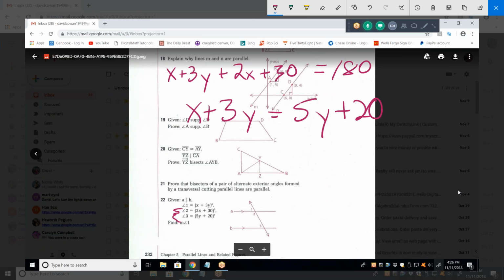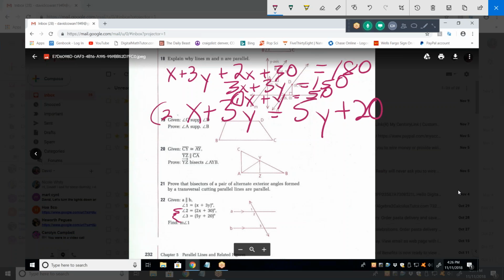If we simplify the top, we get 3x plus 3y equals 150. Can actually simplify that quite a bit by dividing both sides by 3. So I get x plus y equals 50. That's my equation number 1.